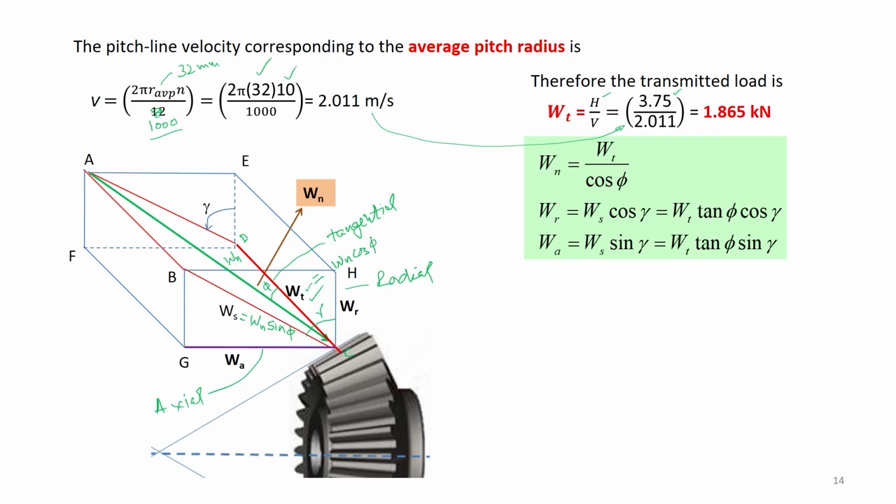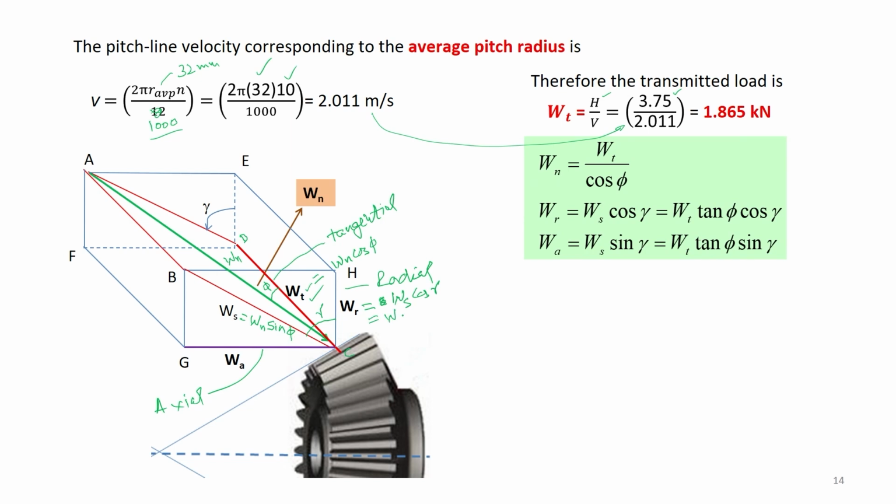So, we can find Wr in terms of Ws: Wr is Ws cos gamma, and Ws is Wn sin phi.